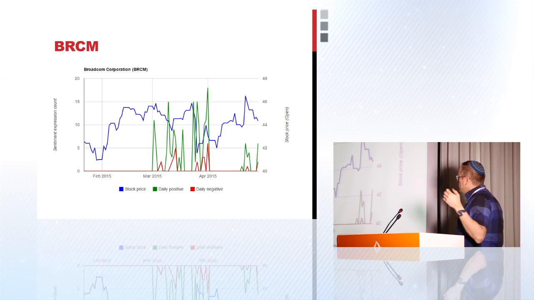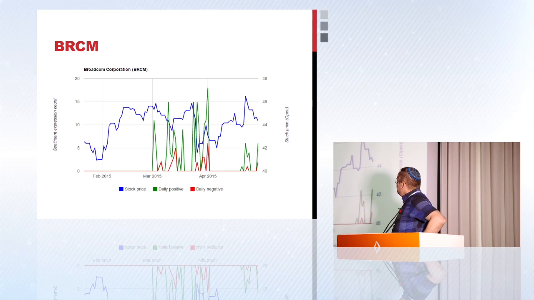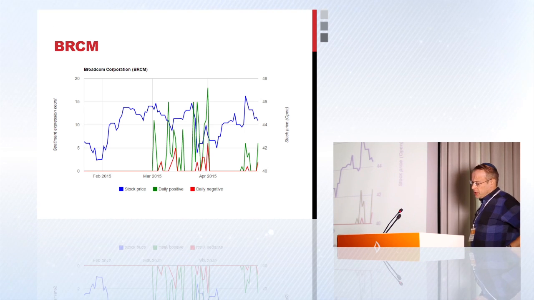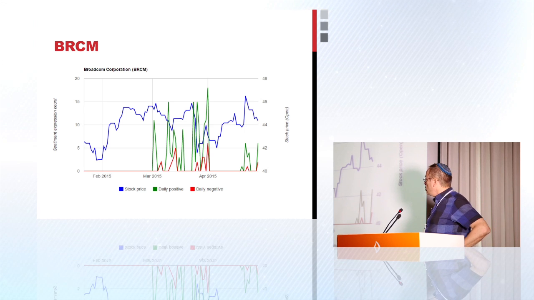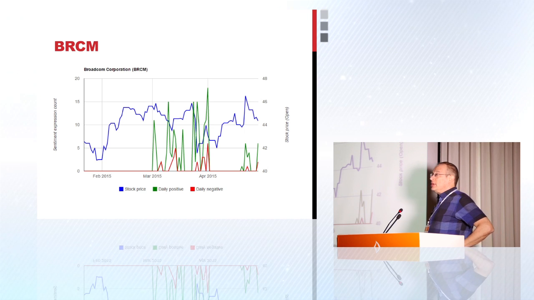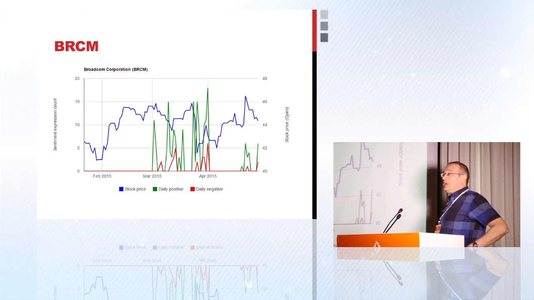And now you can see what we can do with it. So basically here, you can see Broadcom, for instance. You can see here three graphs. The blue graph is the price of the stock. The green graph is the positive sentiment. And the red graph is the negative sentiment. We are interested usually in a jump.